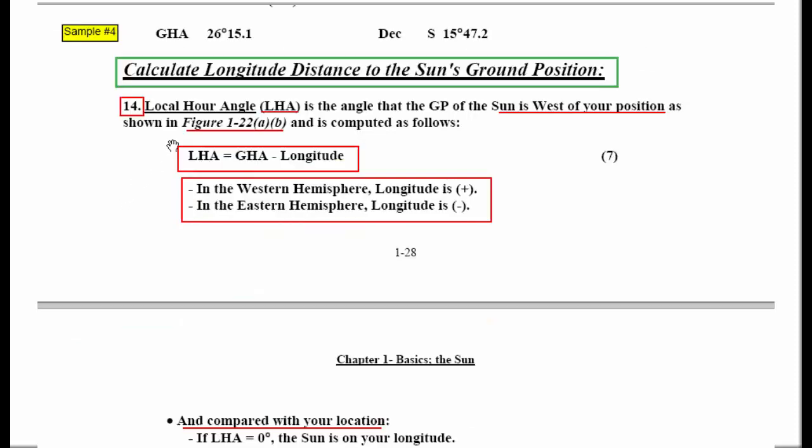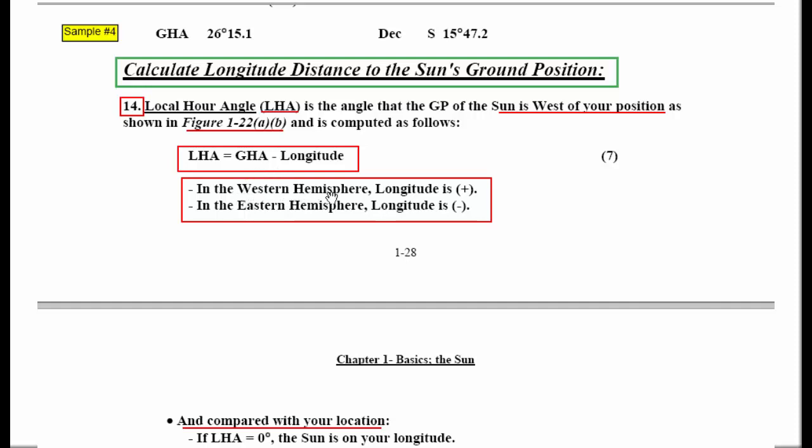Reading paragraph 14, local hour angle LHA is the angle that the GP of the sun is west of your position, as shown in the following figures, 122A and B, and it's computed as follows. LHA equals GHA, which we just looked up, minus longitude. And LHA is the angle that the sun's GP is west of us.